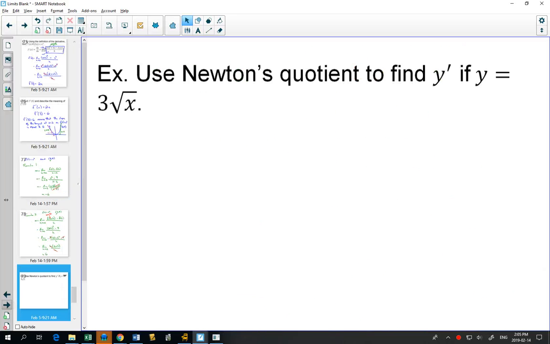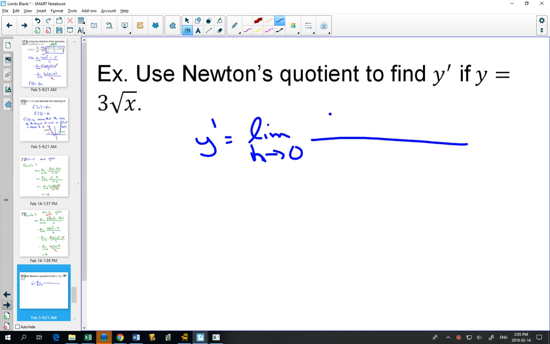So let's look at one more example, a square root one. We want to find the derivative function if the original function was y equals 3 root x. So again, you're going to need to know Newton's quotient or the definition of the derivative. Rise over run.